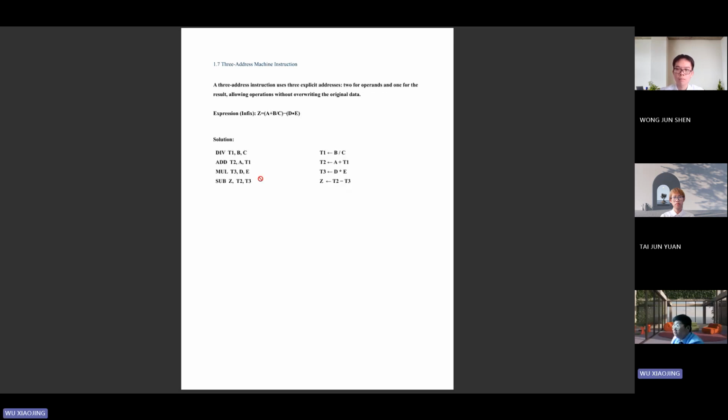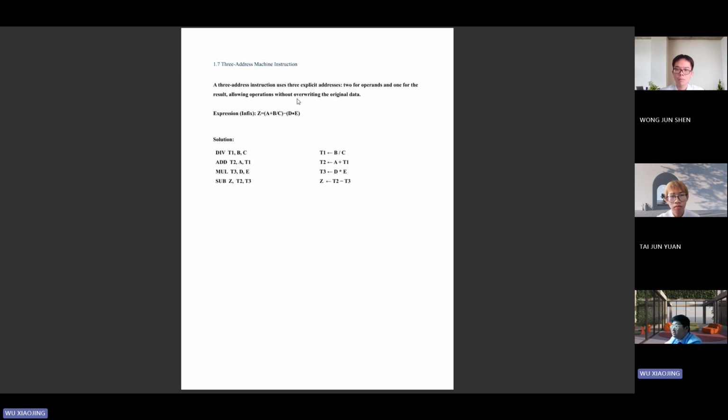So finally, the last part, we have the three address machine. This is the most flexible format. It uses three addresses: two for the input numbers and one for the result.